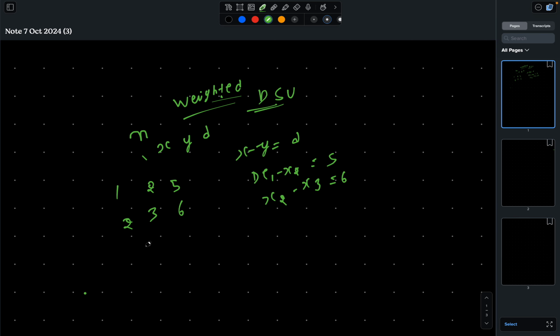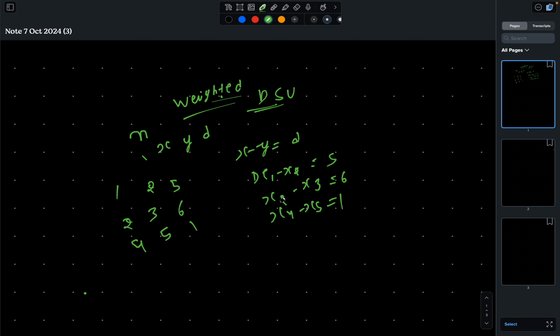Now imagine there's one more, 4 and 5, 1. So x4 minus x5 is 1. Now can we calculate x1 minus x4? You will notice we cannot, because there's nothing connecting them.